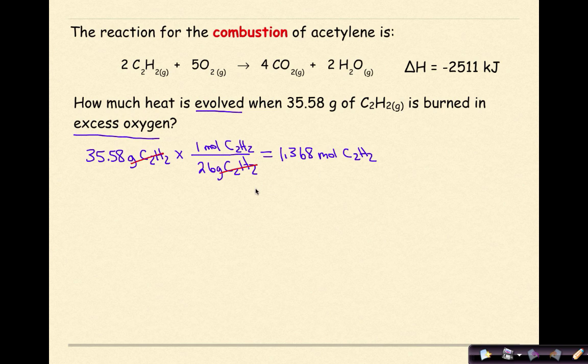All right, so now I've converted to moles, which of course is the first thing that I want to do. The next thing I want to do is, again, relate this number of moles to my balanced equation and my overall delta H. So I have 1.368 moles of C2H2, multiplication sign and a line. And now here's the thing that you got to be careful about.